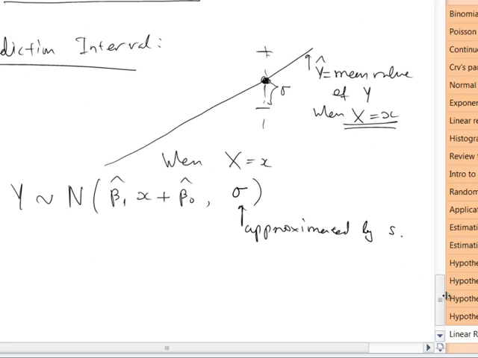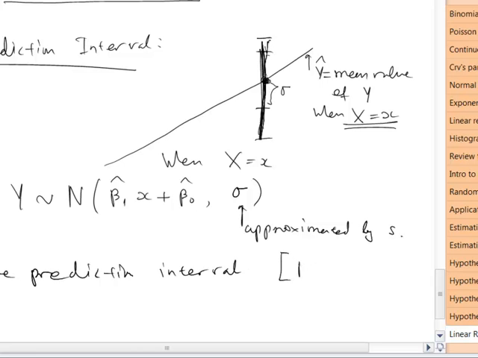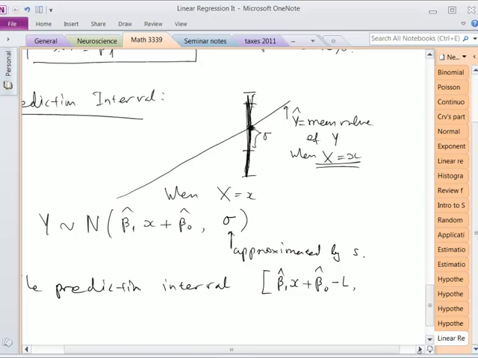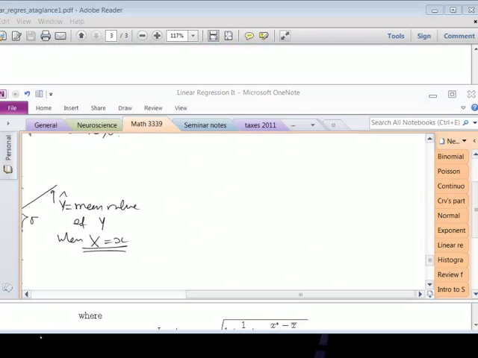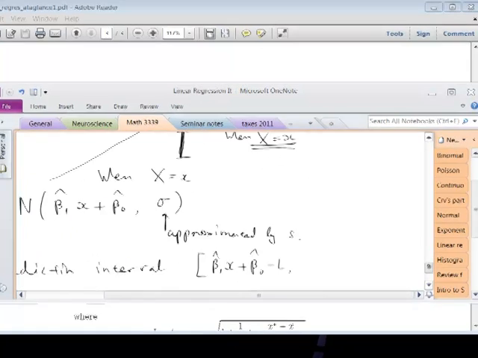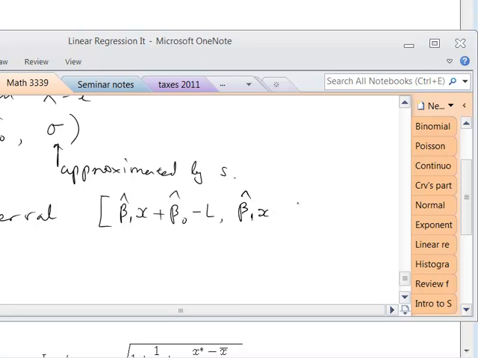So the prediction interval wants to find an interval which is going to be bigger than this, and within this interval I will have a very good probability to find the values of y. So this is the prediction interval.